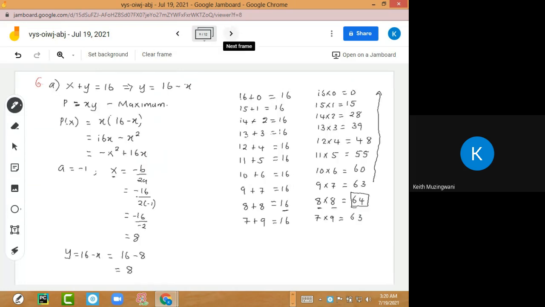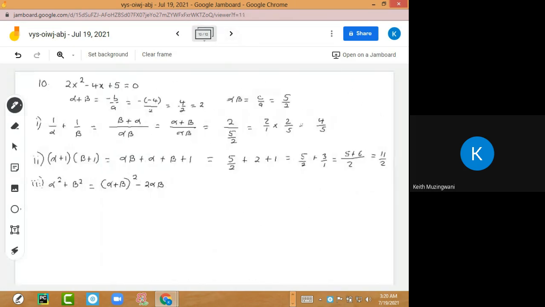So once you derive it once, the remaining thing is just remembering what it is. And alpha plus beta is 2 squared minus 2 times 5 over 2. That is 4 minus 5, which is negative 1. You go to 4.